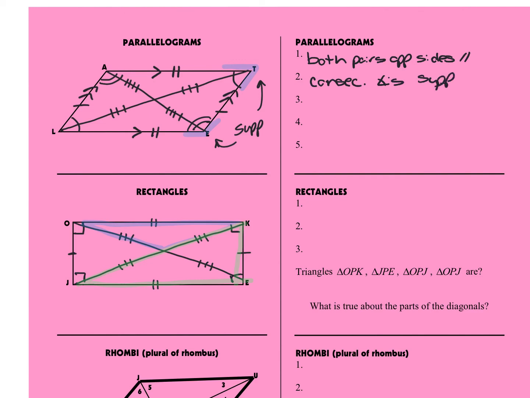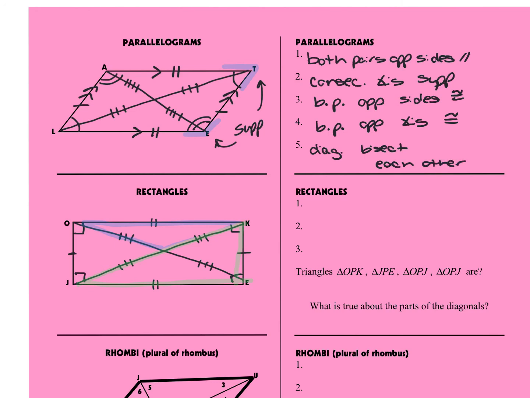Next, I'm going to use an abbreviation BP for both pairs: both pairs of the opposite sides are also congruent. We can also say that both pairs of the opposite angles are congruent. And we can say that the diagonals bisect each other.